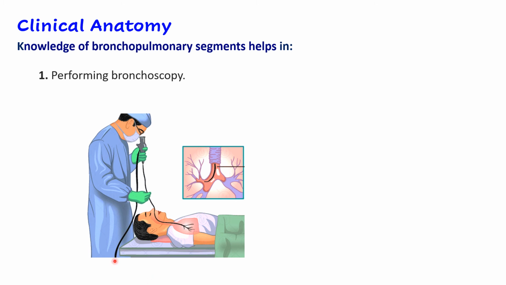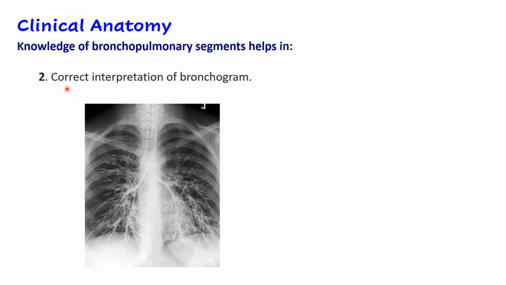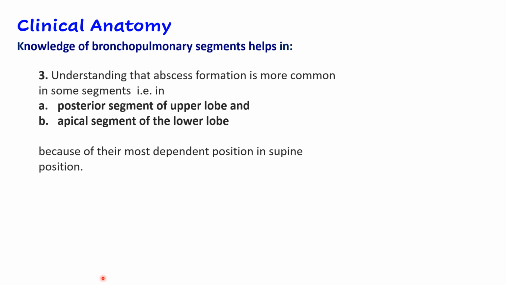Second, it also helps in correct interpretation of the bronchogram. If there is any disease process in any bronchopulmonary segment and you know the nomenclature, you will know that this segment is affected by the disease. So it helps in correct interpretation of the bronchogram.